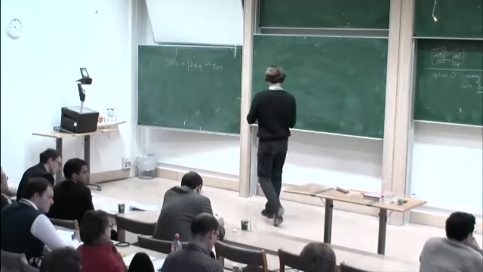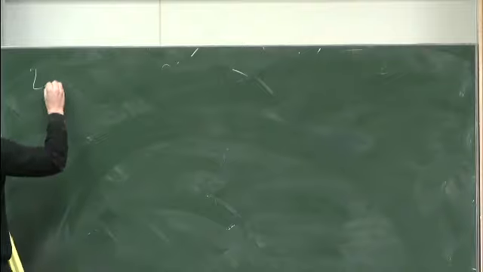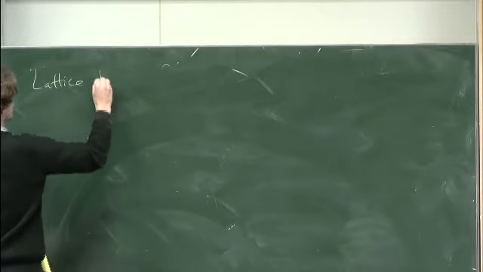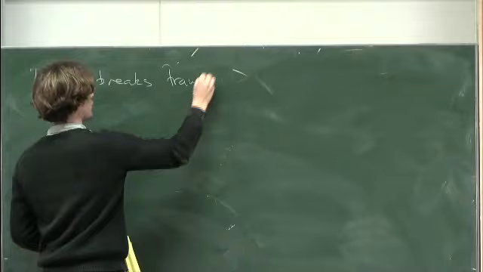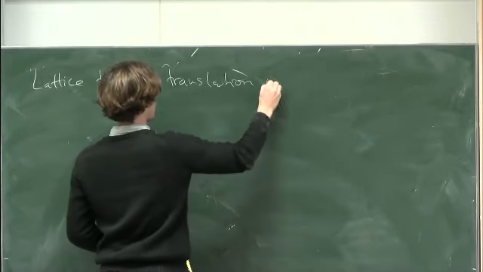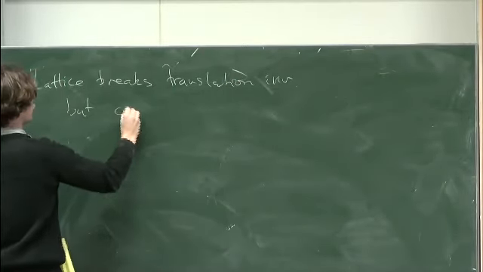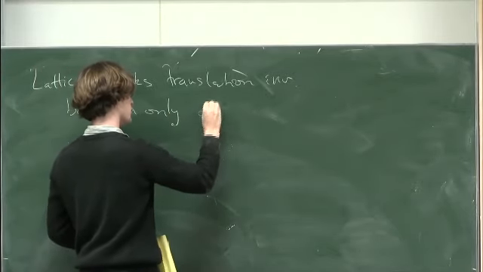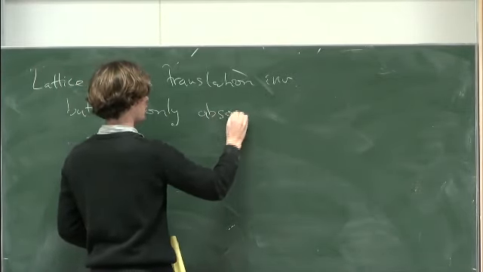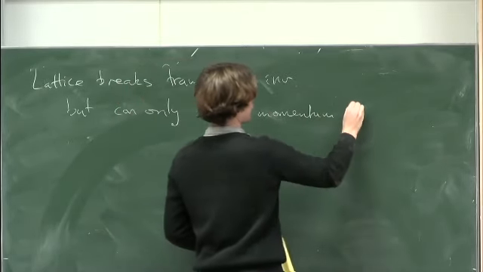So the lattice breaks translation invariance, but it can only absorb momentum in units of KL. That's a multiple of KL.